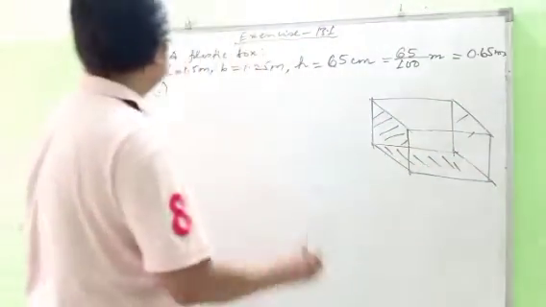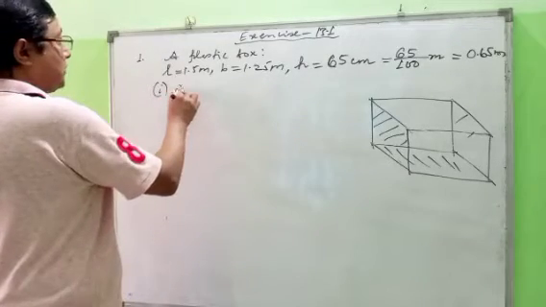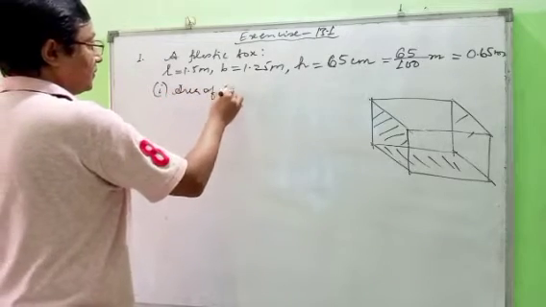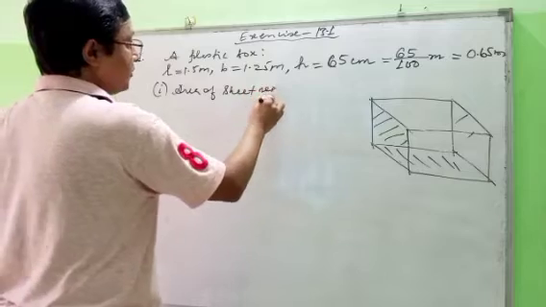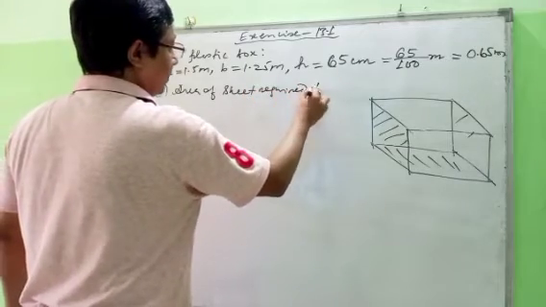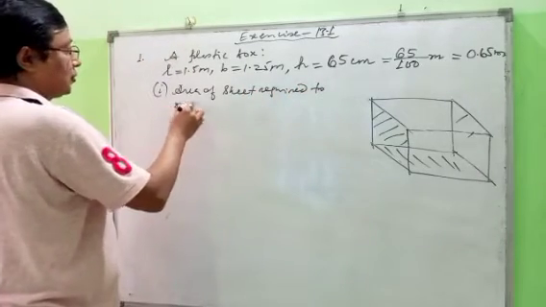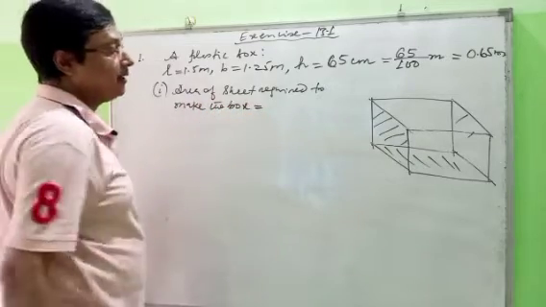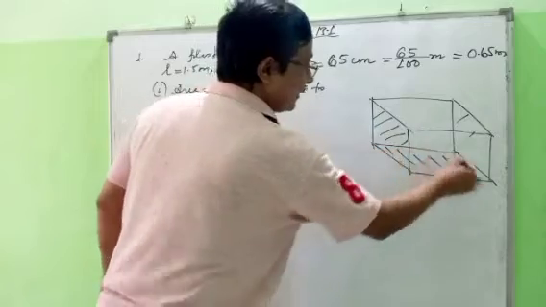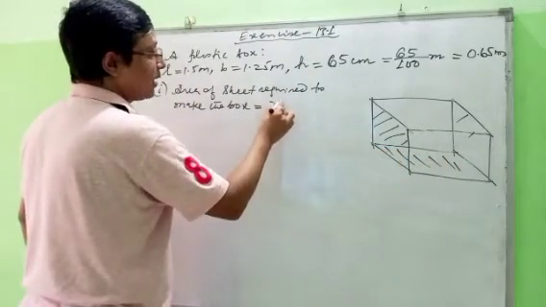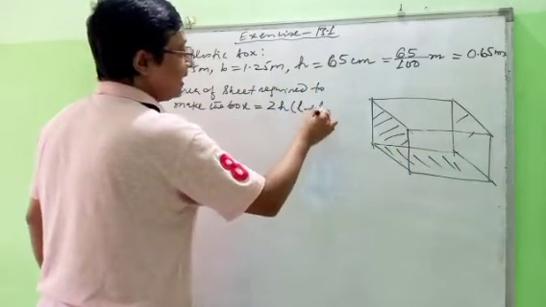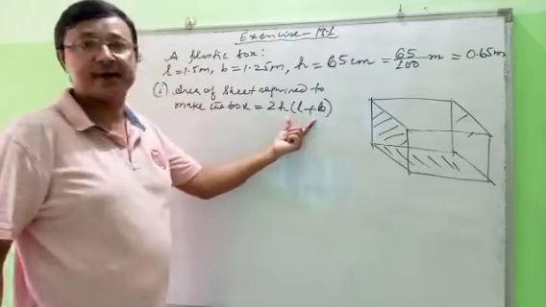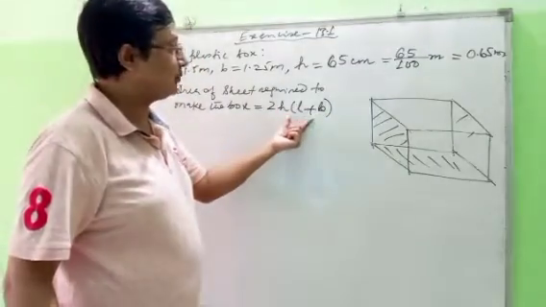So now the area of sheet required to make the box equals, so here you will take the 4 walls and the base. The 4 walls: twice into height into (L plus B), as I have shown you, and this one you also got in class 8.